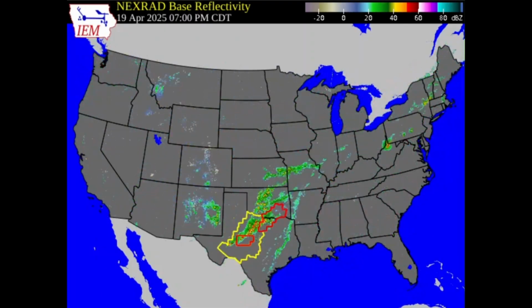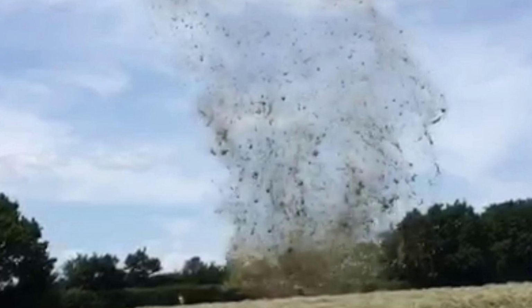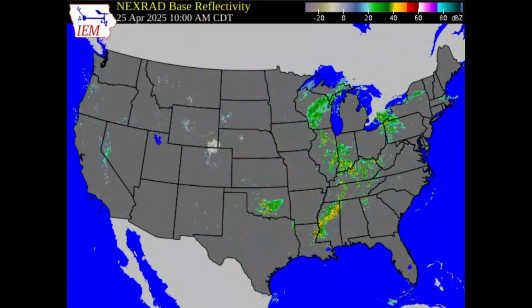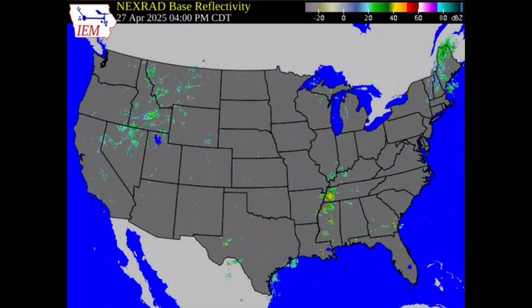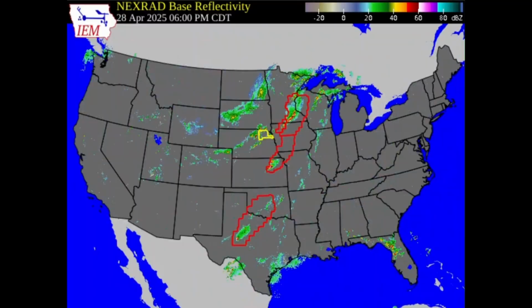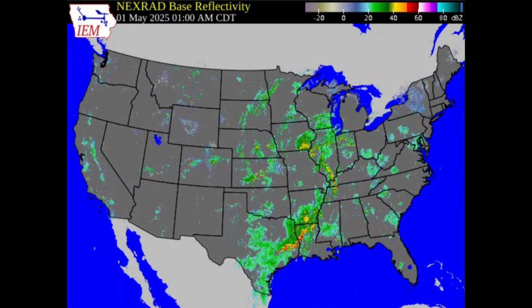Then we have a hay devil. I didn't know this was a thing until I wrote this. But think of it as a dust devil that forms in a field, right? Once again, all of these are harmless. Well, at least right now, the ones on this list are harmless. We'll get to some that can kill people.